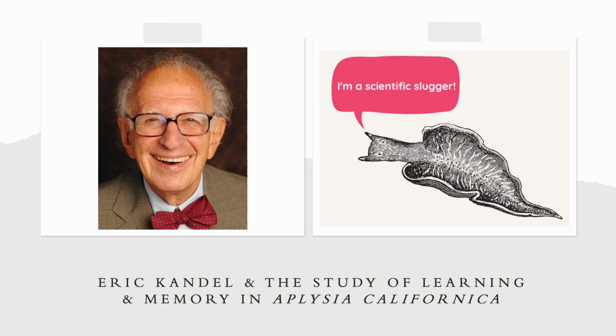Eric Kandel is a renowned neuroscientist and leader in our field. He's known for his research on learning and memory in a model called the Aplysia californica. This is a sea slug, and it seems interesting that he would do the majority of his research in sea slugs, but we're going to utilize them in many of our examples today and explain why they have the perfect system to study neuroscience.